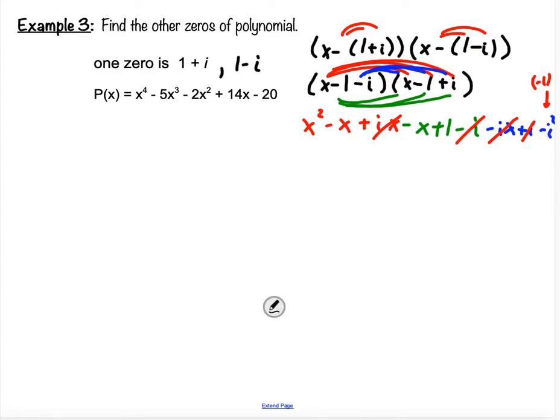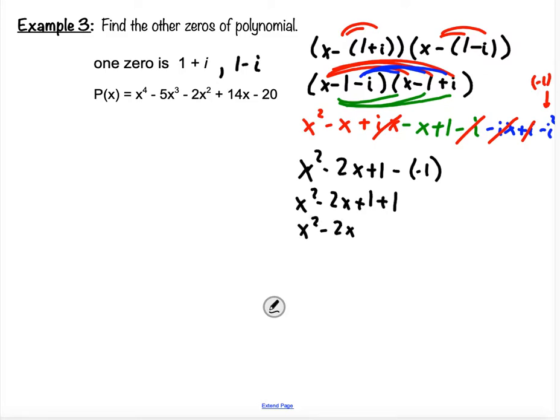So really we end up there with a minus a negative 1 becoming a plus 1. So we end up with x squared minus 2x plus 2. That's the quadratic that 1 plus i and 1 minus i form.